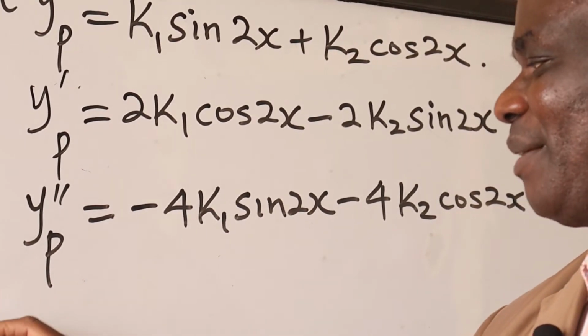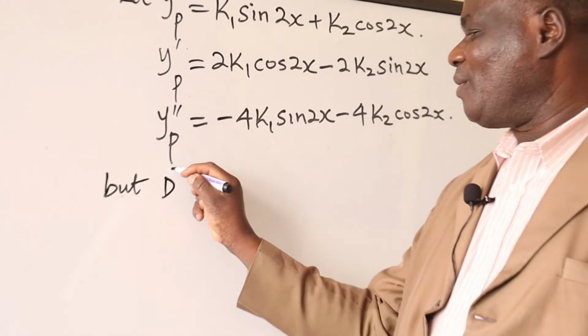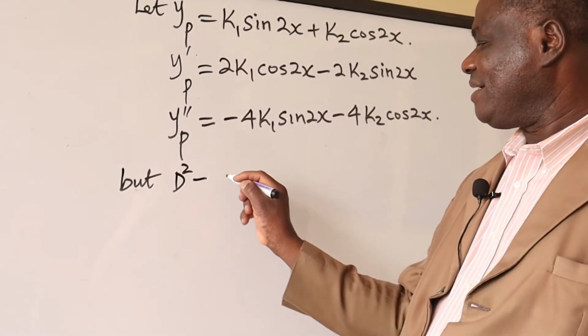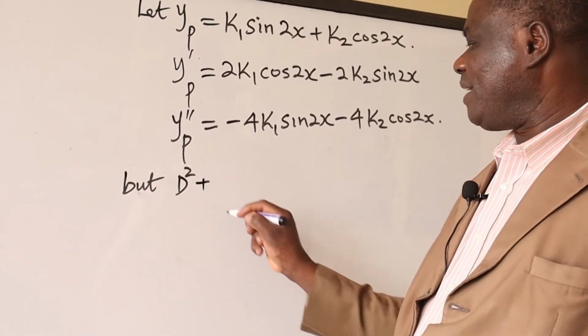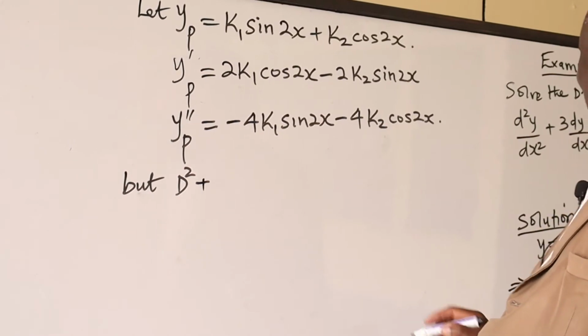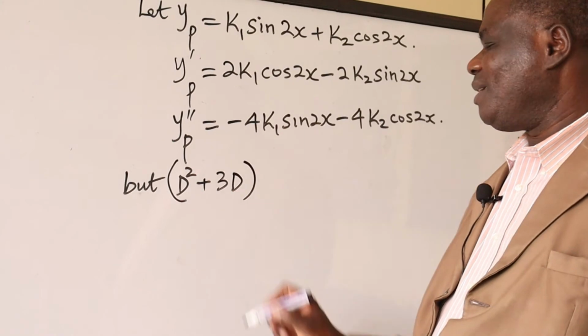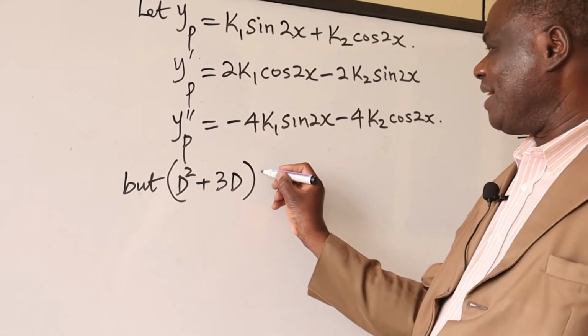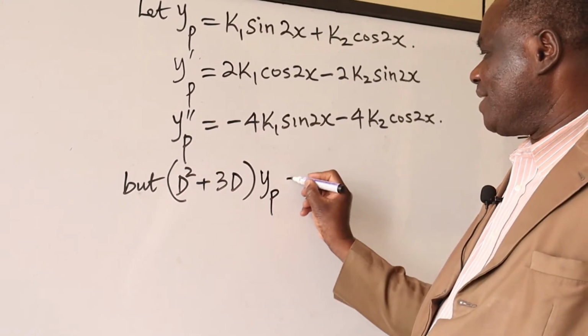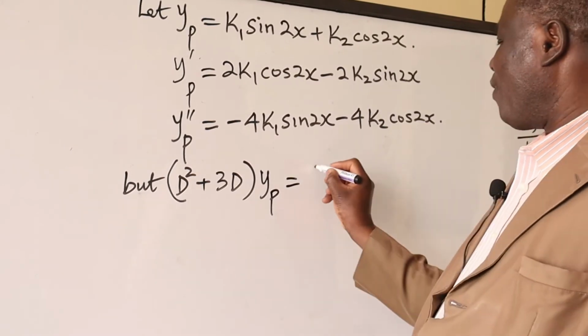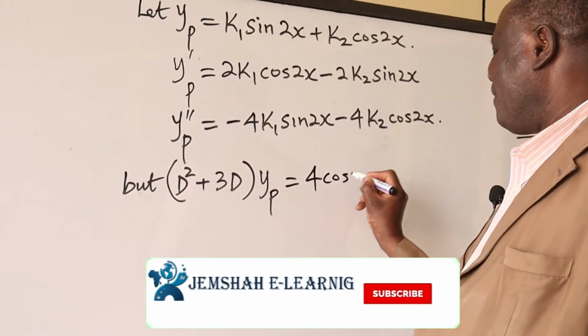But we know something: d squared plus 3d into our yp is the one to generate 4 cos 2x.